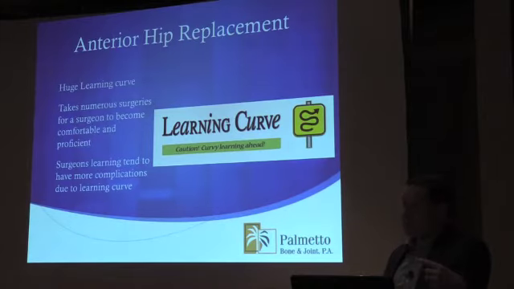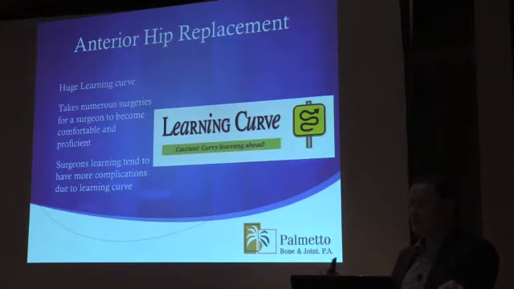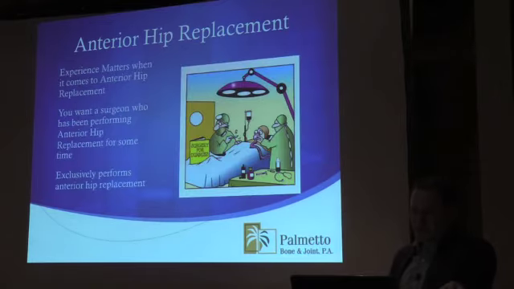And studies have looked at that with anterior approach and the complication rates and what's the learning curve and how many surgeries does it take to become comfortable. And it's really between 50 and 100 surgeries for a surgeon to become comfortable and have a complication rate that's back to the normal level. So, with that said, experience does matter when it comes to anterior hip replacement. So you don't necessarily want to go to a guy who's just started doing it.